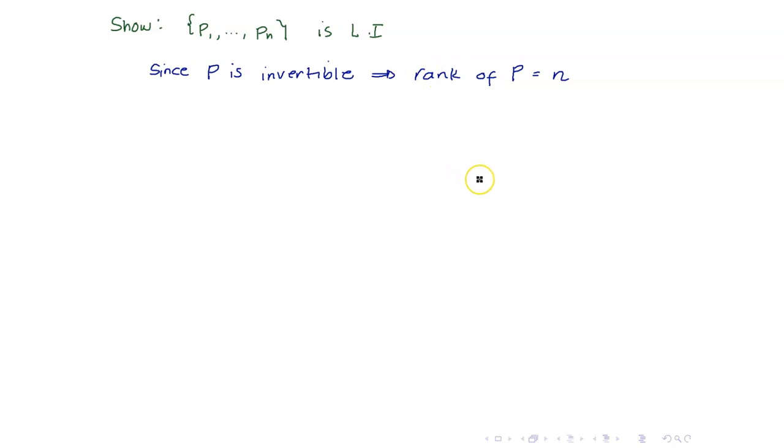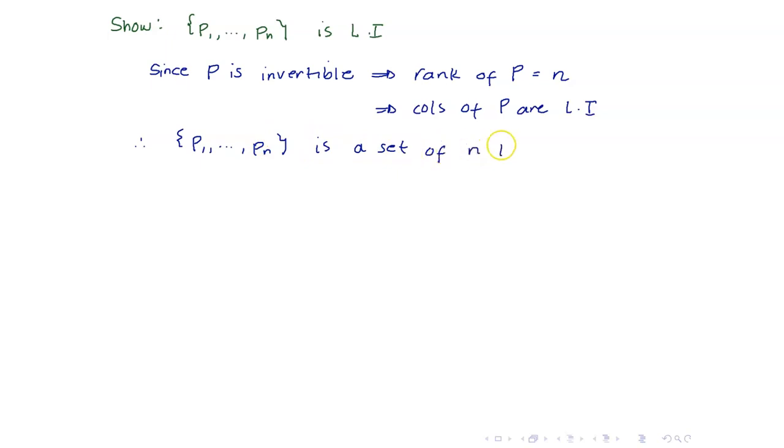It has full rank, meaning to say all of its columns are linearly independent. And that proves what we want to show. So therefore, the set P1 up to Pn is a set of n linearly independent eigenvectors.